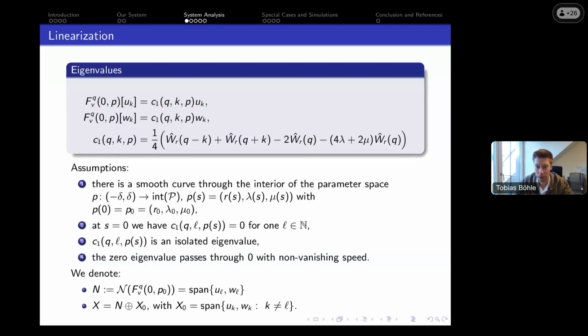So then c_k is the kth eigenvalue of the q-twisted state when the parameters are given by p.